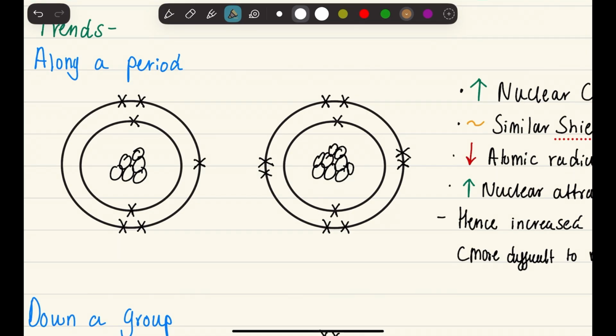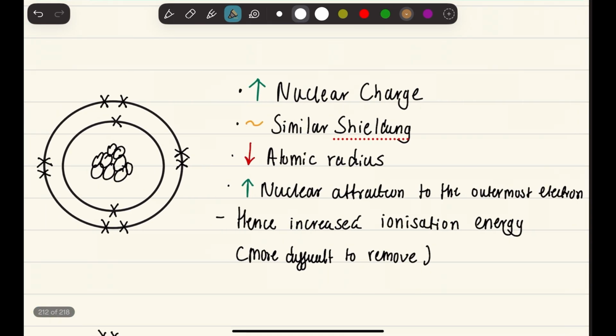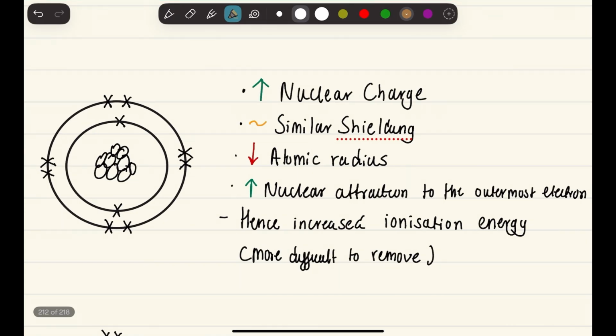If we've got a greater nuclear charge, and the shielding is similar, then the atomic radius is going to go down, meaning the outermost electrons are closer to the nucleus. That means the nuclear attraction on the outermost electron is stronger, so we need more energy to overcome that stronger force of attraction between the nucleus and the outermost electron. Hence, along a period, ionization energy is going to increase.